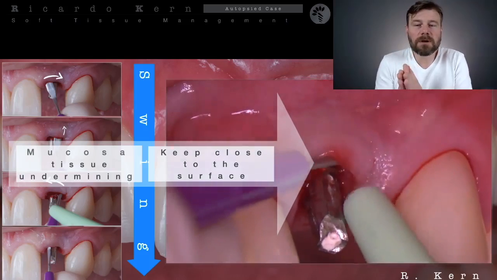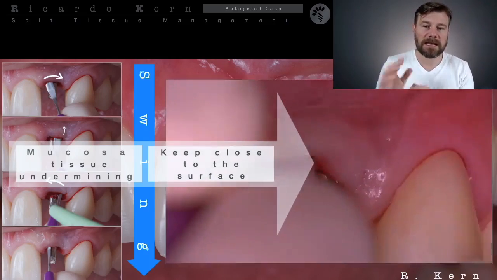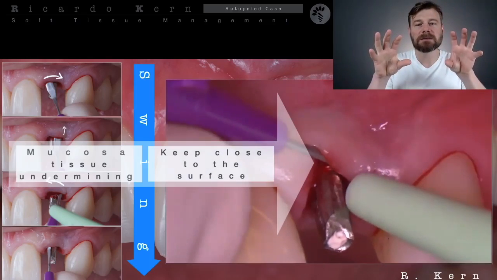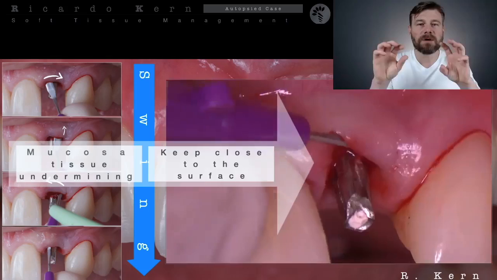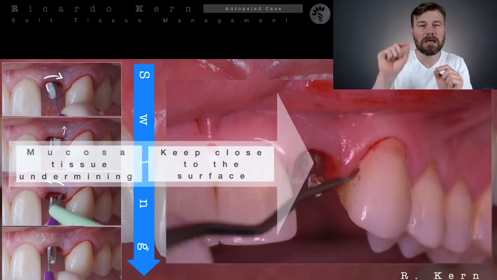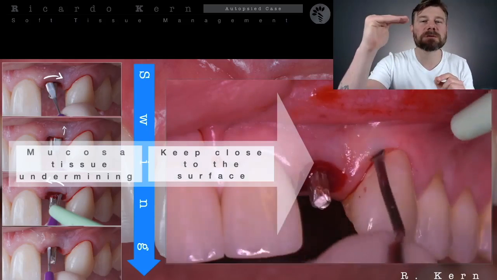It's not a big problem for you to leave a thin tissue on the mucosa. Why is that? Because the blood flow is completely different in the position comparing keratinized tissue and mucosa. In mucosa, the blood flows pretty close to the surface.